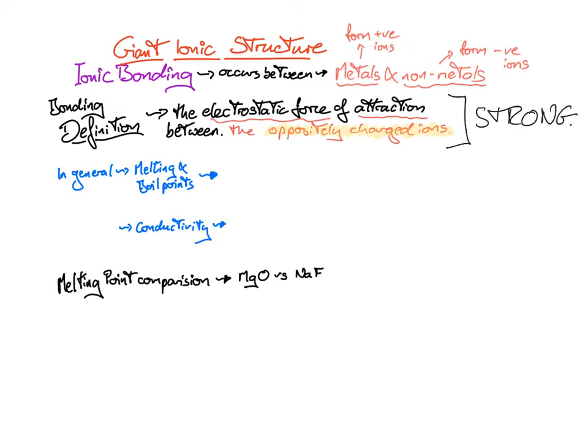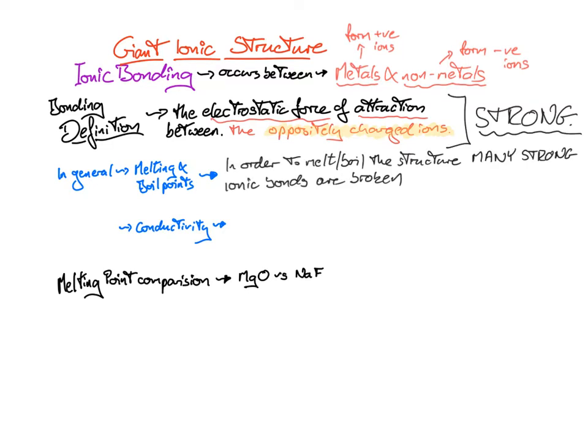We need to be breaking strong electrostatic forces of attraction between oppositely charged ions, i.e. strong ionic bonds. Let's just write that in. And because these bonds are strong, and because there are many of them, they are going to take a lot of energy to overcome. Let's just write that in.